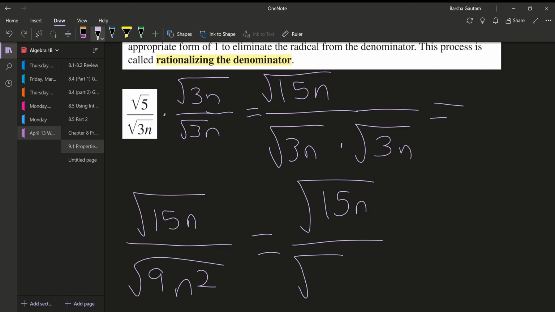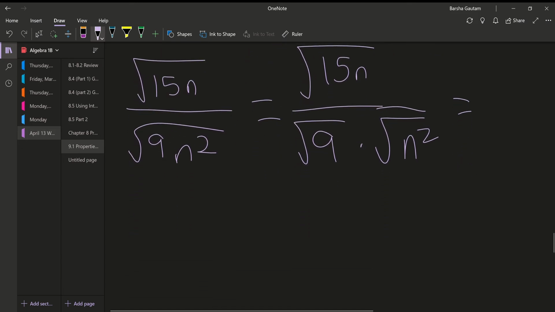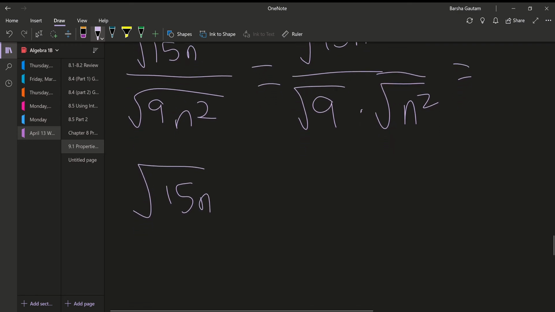From here, we can separate those two. And this will give us root 15n. Root of 9 is 3. And then we have root of n squared, which is equal to n, so 3n.